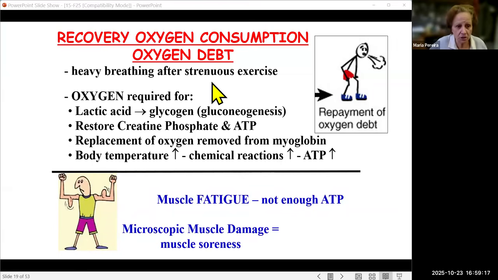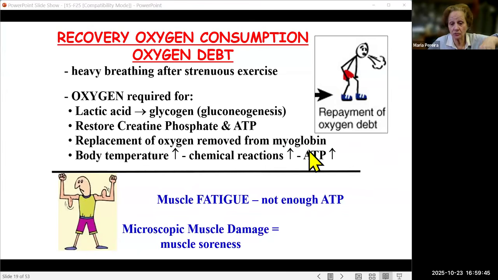You have to replenish. You need oxygen to convert lactic acid into glycogen. This occurs in the liver. Remember, lactic acid is produced in the muscle fiber, then it's released into the blood, it goes to the liver, and is used to make glycogen.